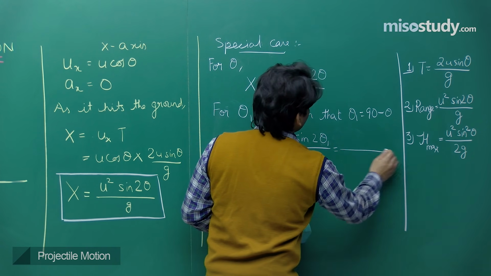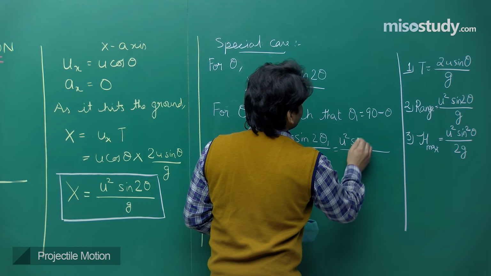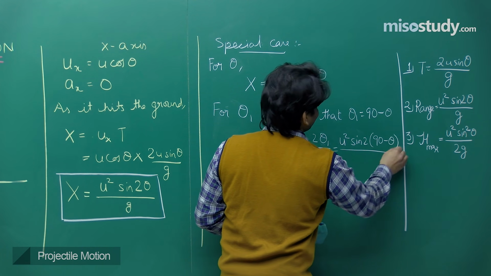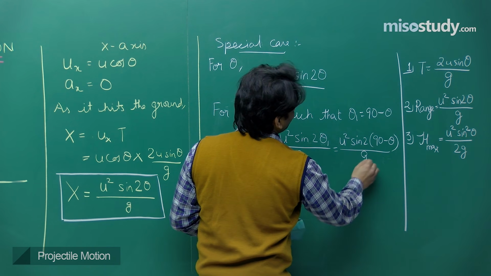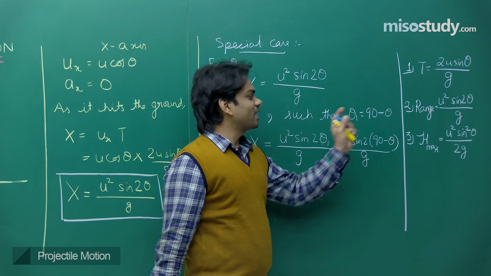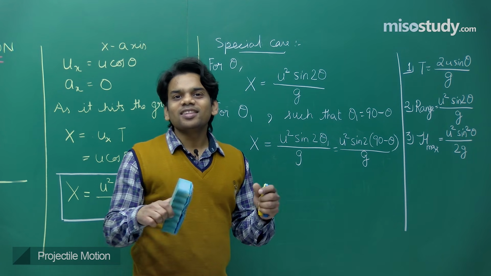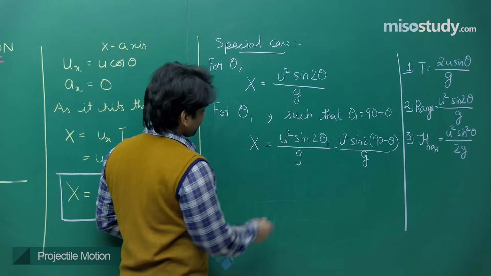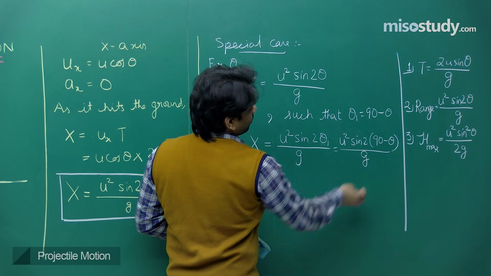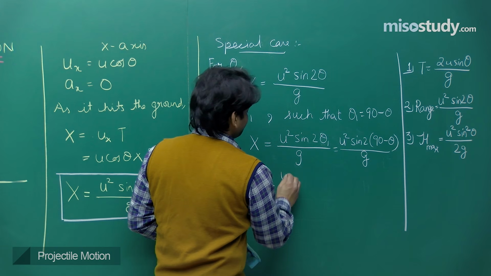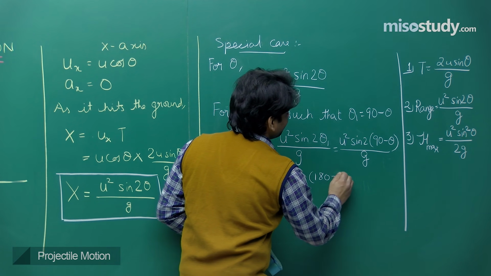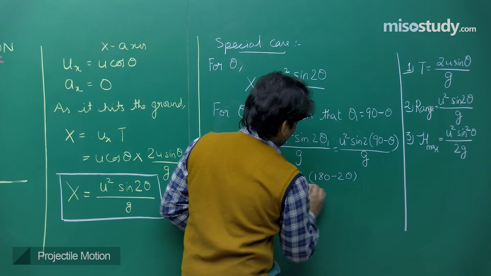This will come out to be U square sin 2 into 90 minus theta upon g. Just now I told you we are keeping a constraint, limiting its value to 90 minus theta. That is, both the angles theta and theta 1 are complementary to each other. So this comes out to be U square sin 2 into 90, which is 180, so sin of 180 minus 2 theta upon g.